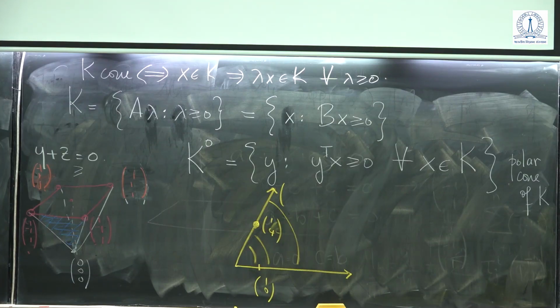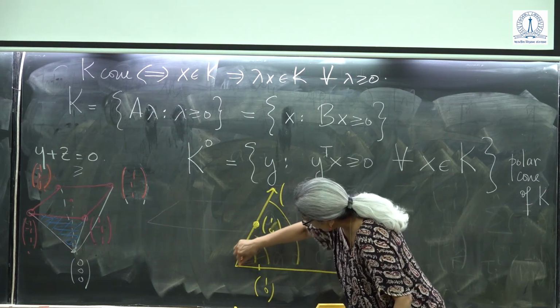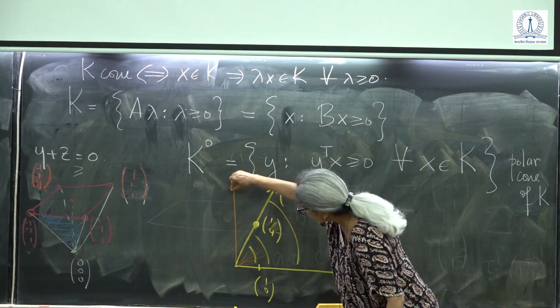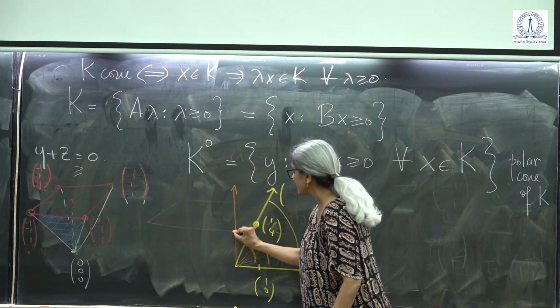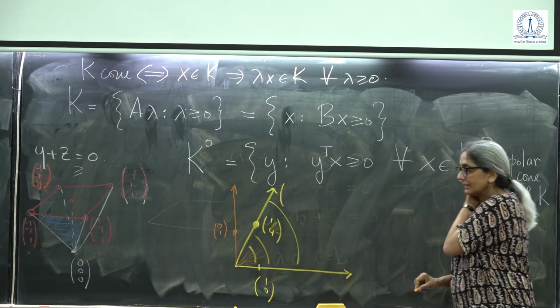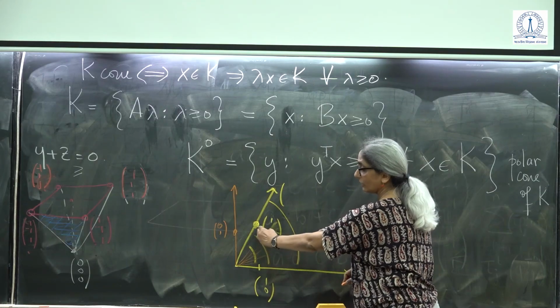So the polar cone, let's find a color, orange. If I want to start making acute angles with this base, I can go like this all the way, but the maximum I can go is still here, which is generated by (0,1). Okay? So that one, is it still okay for everything yellow?